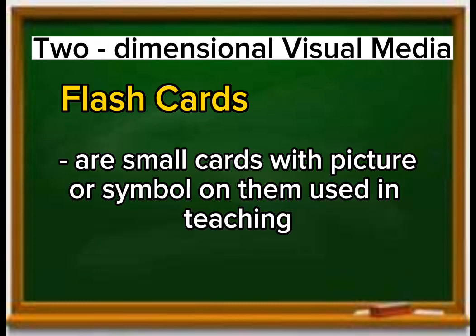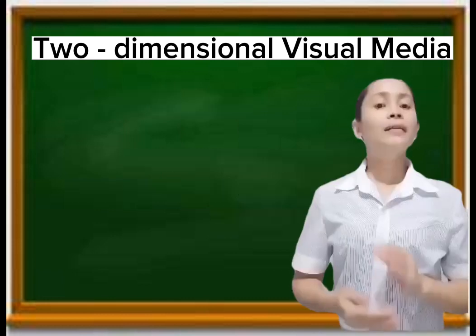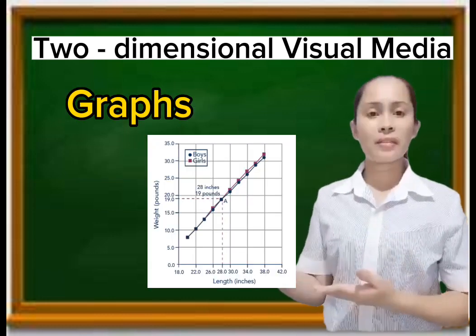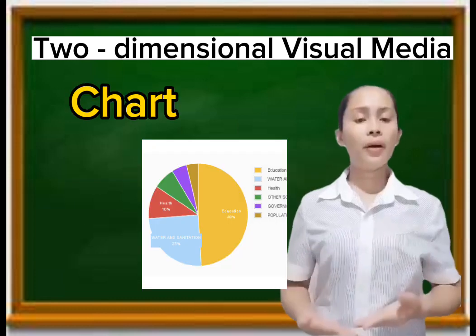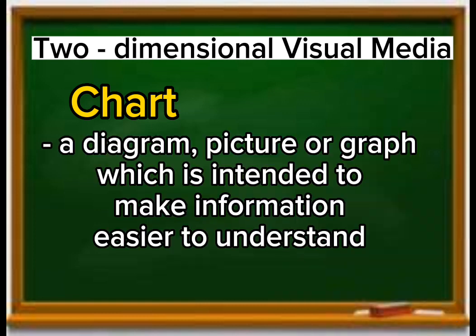Small cards with picture or symbol that are commonly used in teaching. Then we have graphs. A diagram that represents the relationship between two or more points, lines, segments, and curves. Another one is chart. A diagram, picture, or graph which is intended to make information easier to understand.